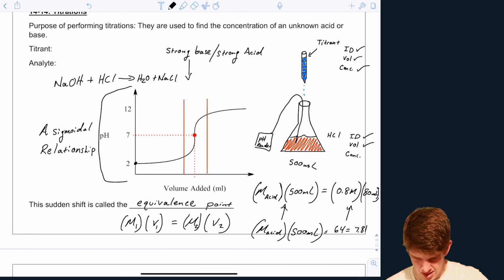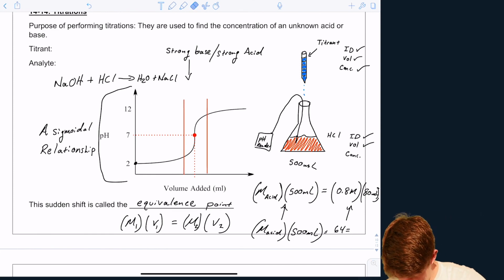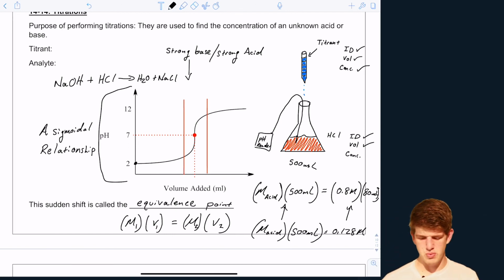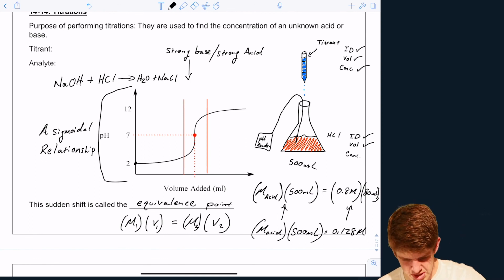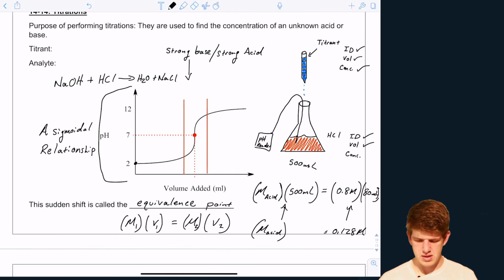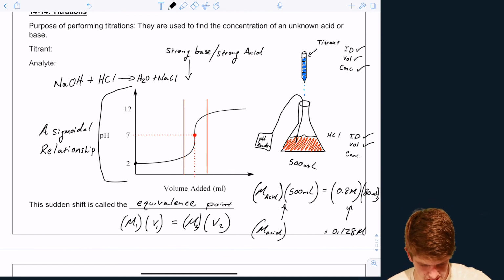And do you know why? Because that's wrong. Sorry guys, that is 0.128 moles per liter, and that would be the concentration of the acid, 0.128 moles per liter.